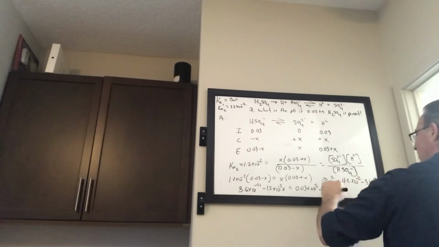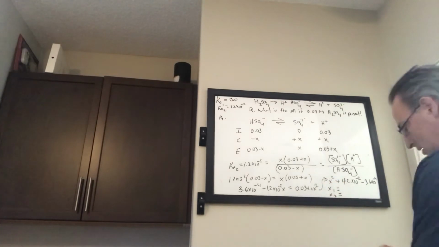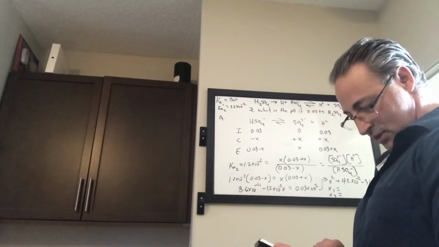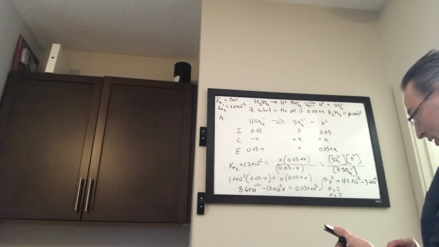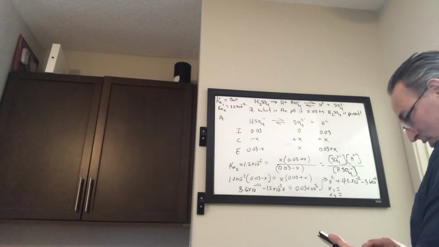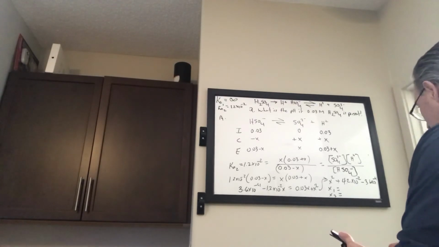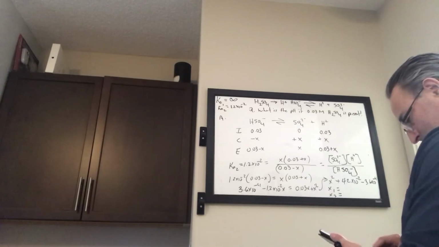So now let's solve for x. We'll go into the quadratic equation mode. First number is 1, enter. Second number is 4.2 times 10 to the negative 2, enter. And the third number is negative 3.6 times 10 to the negative 4.